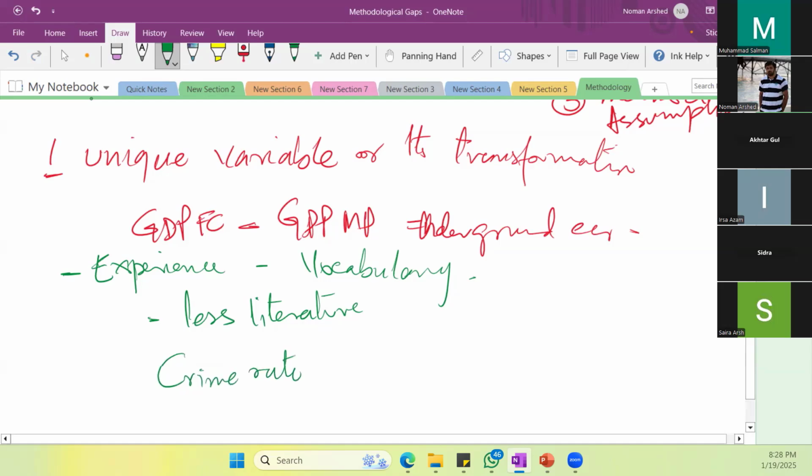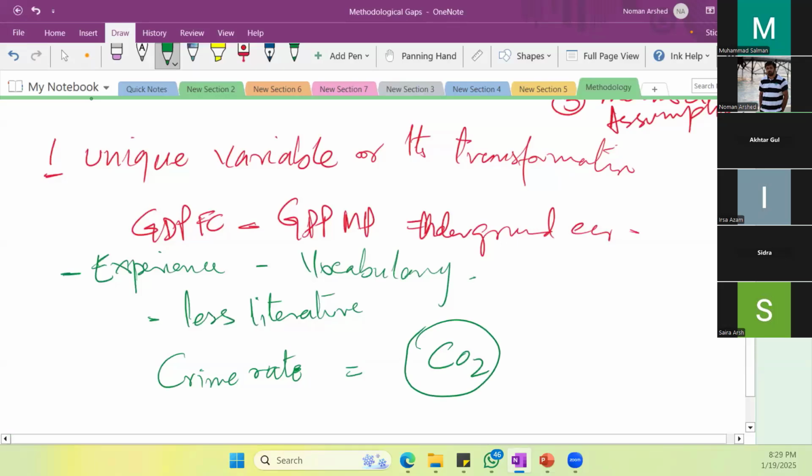I was doing a paper on it. I had studied enough papers to know that common variables are income, inflation, unemployment, inequality, and social development. These are common variables. But what I did was add a variable of CO2 emissions.